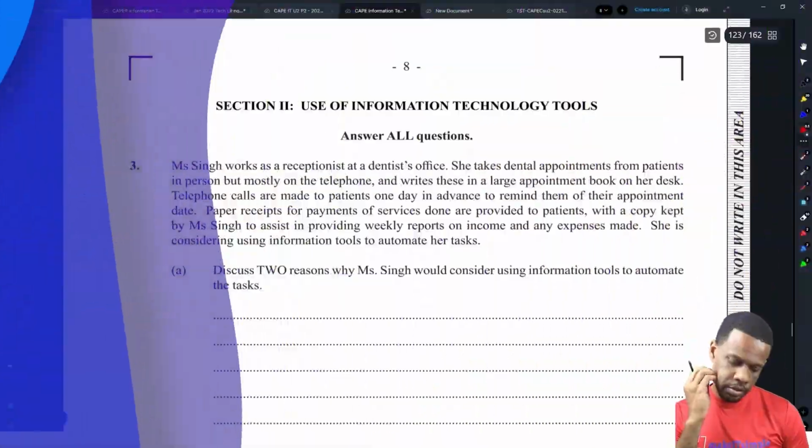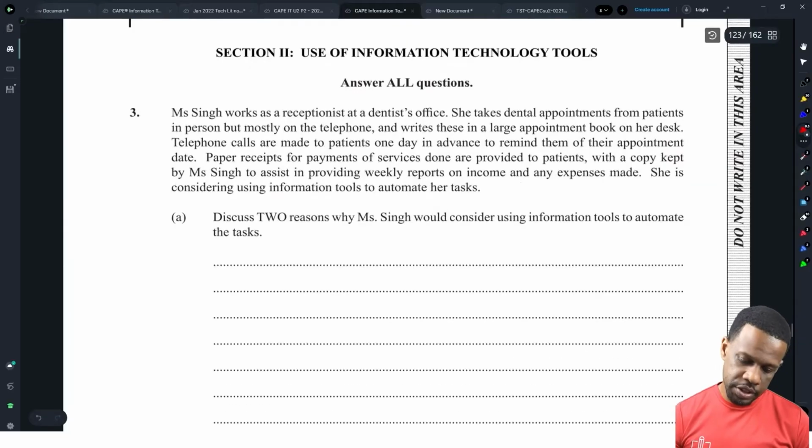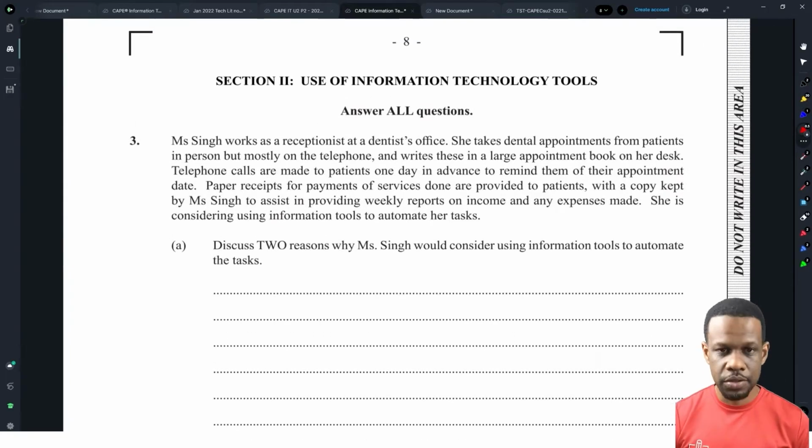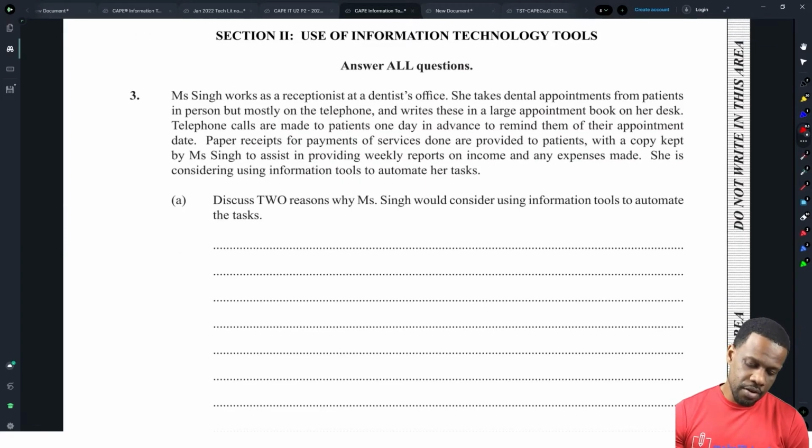Okay, so we're going on to module 2. This one is about information technology tools. This is the one where they usually box it into certain answers, which would be like Microsoft Office answers. The scenario: Miss Singh works as a receptionist at a dentist's office. She takes dental appointments from patients in person, but mostly on the telephone, and writes in a large appointment book on her desk.